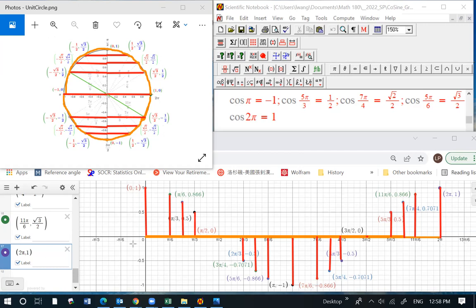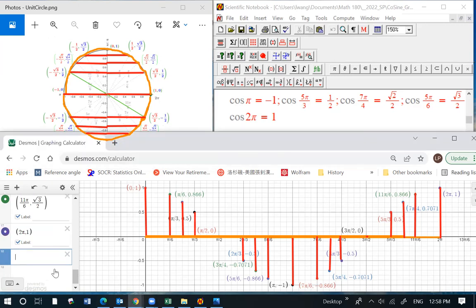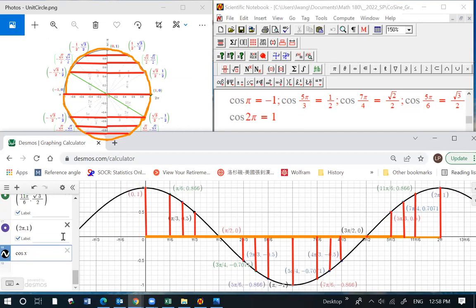So finally, shall we connect all these dots on the top of each red bar? I want you to visually see that. Okay, visually see that. That's cosine x.